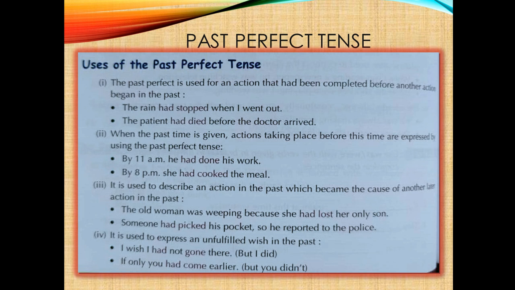Now we'll see some uses of the past perfect tense. First one, the past perfect tense is used for an action that had been completed before another action began in the past. Okay, the rain had stopped when I went out.